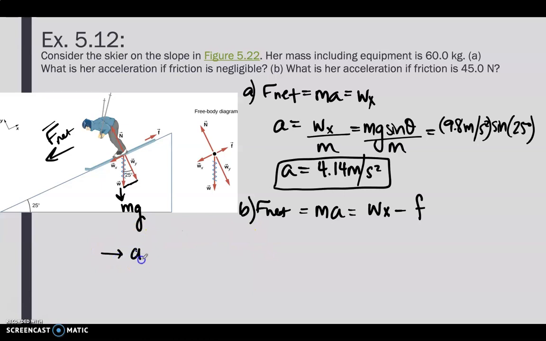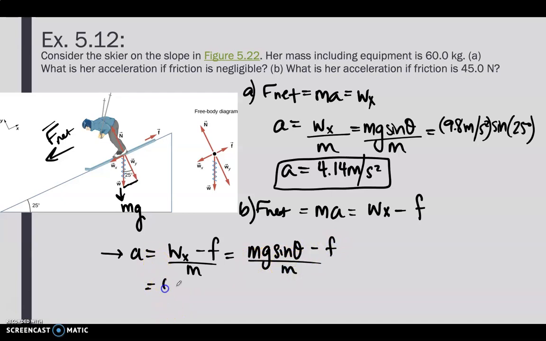We have acceleration equals our weight in the x direction minus our force over our mass. Or let's see, mg sine theta minus F over m.